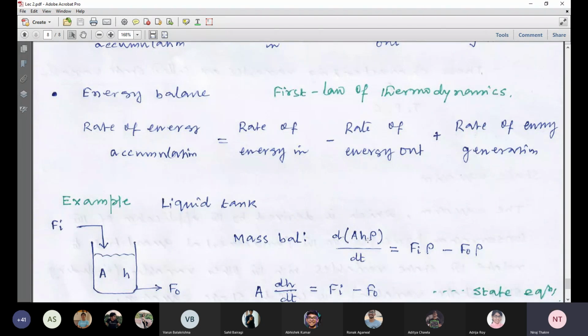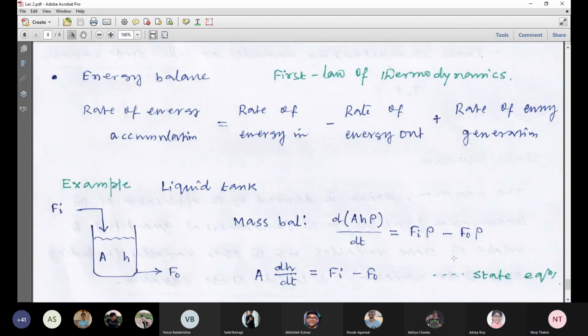Volume into rho, this is mass. So dm dt basically this one. Fine. This is also mass flow rate. So from this mass flow rate, we can get this equation with the assumption that rho is constant. If rho is constant, we have this equation.